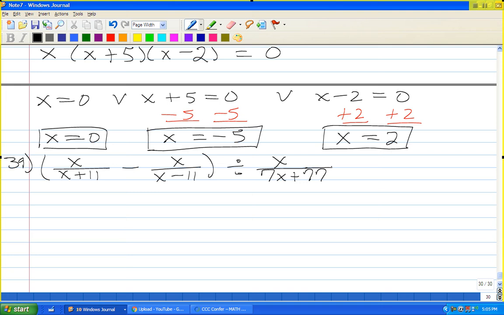Okay, so first let me change division into multiplication by the reciprocal.